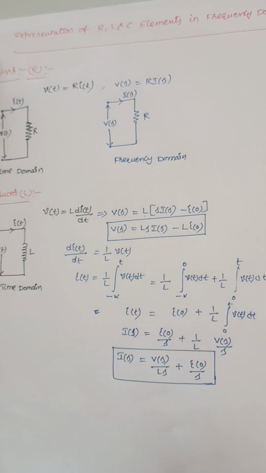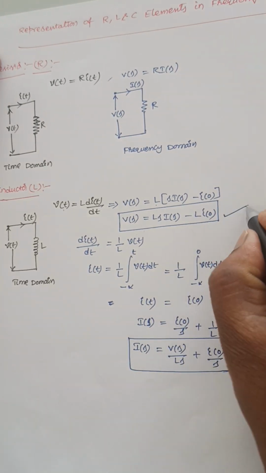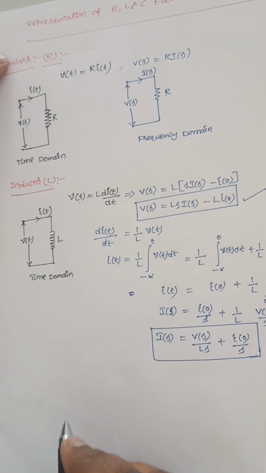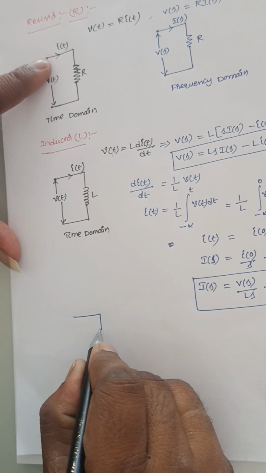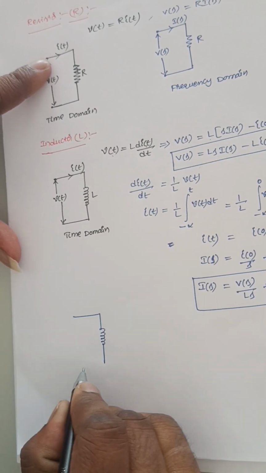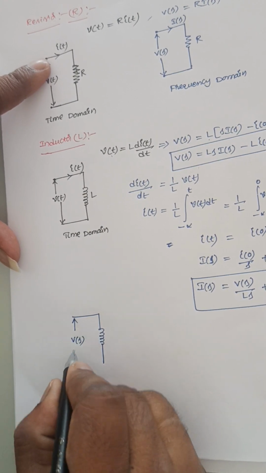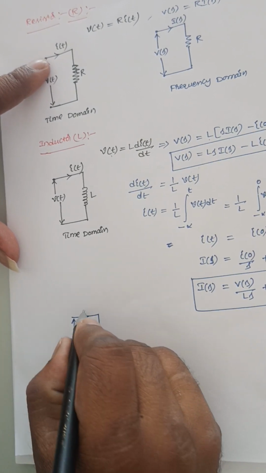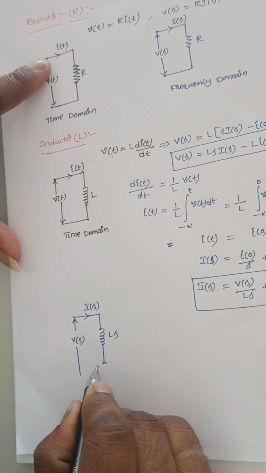From these two equations, I can draw two networks to represent the inductor in frequency domain. If I use this equation, then representation of this inductor in frequency domain will be as follows. So you see, this is an inductor, it is V of s, and it is I of s, it is Ls, it is minus and it is plus.